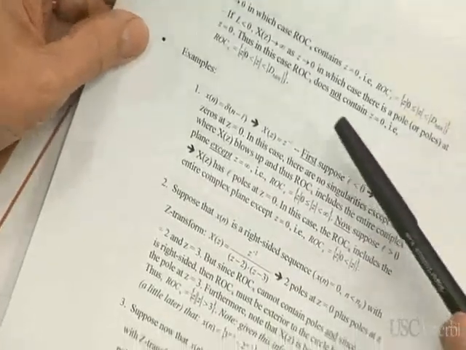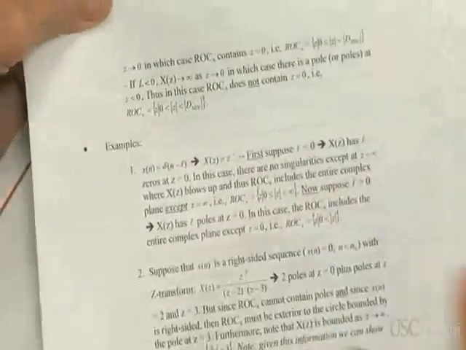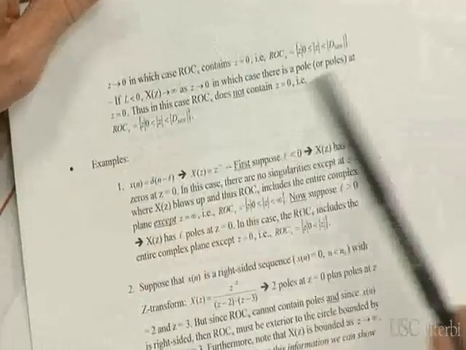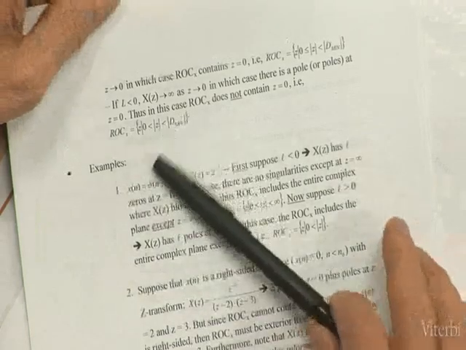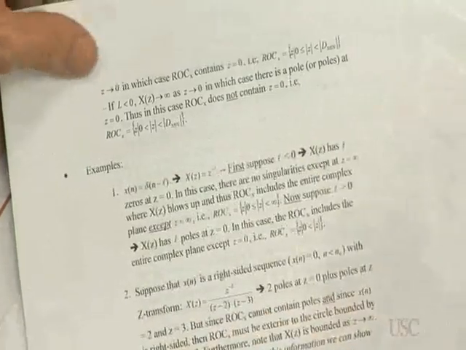And then there's that whole thing about stability and right-sided sequences. If you have a Z transform and you know it is right-sided, then its ROC is exterior to a circle, implying that all poles of a stable right-sided system must lie inside the unit circle. All poles of a stable left-sided system have to lie outside the unit circle.